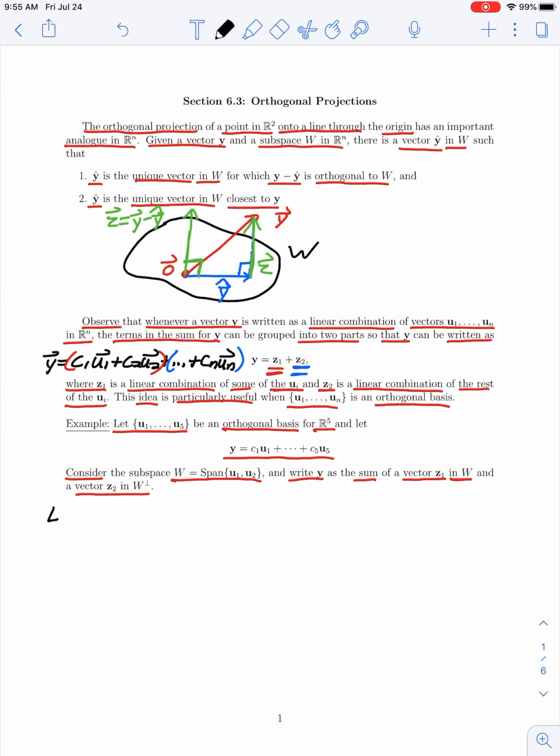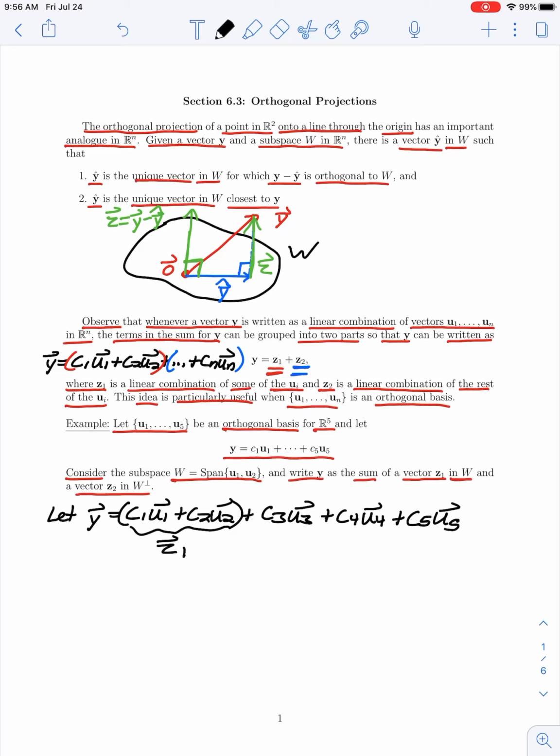If we have our vector y written as the linear combination c1 u1 plus c2 u2 plus c3 u3 plus c4 u4 plus c5 u5, then if I were to group the first two terms together, I have a linear combination of the vectors u1 and u2. So let me call this vector z1.